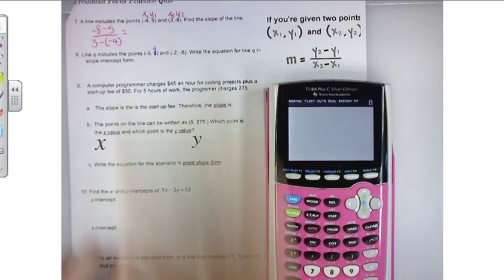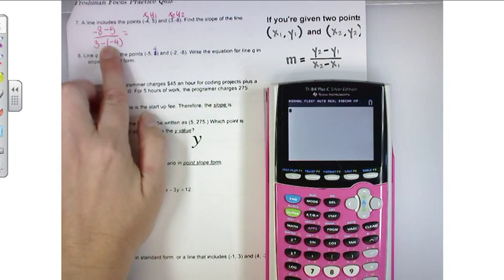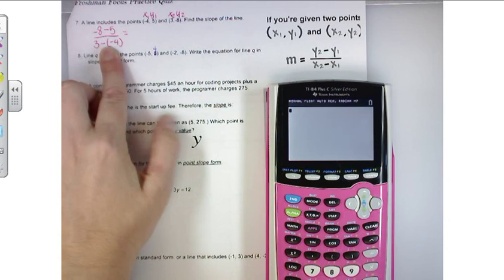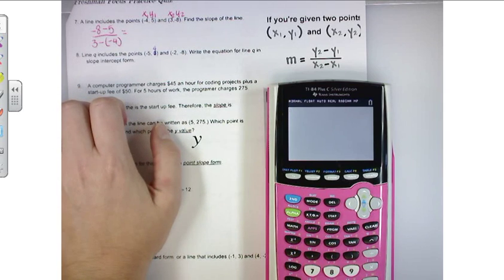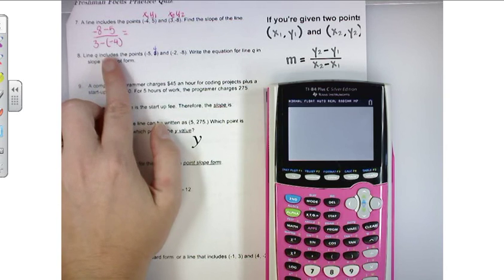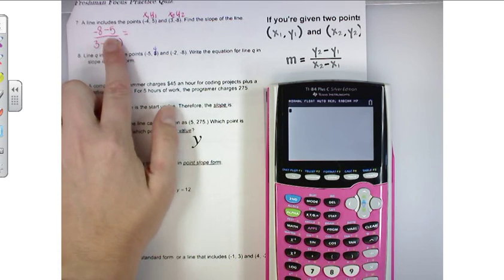Now if you're good and you recognize that these two negatives means it's a plus, awesome, do it that way. I am not like that. I really struggle with this, so I have to do it point by point. I'm going to do my y's up here first, so I'm going to go -8 minus 5.